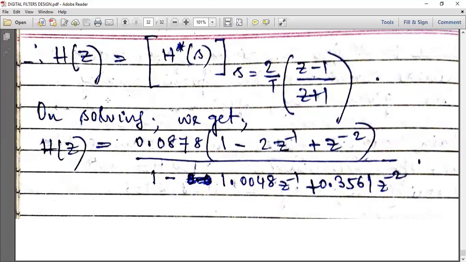Now, if you use windows, there are some disadvantages also. What are the disadvantages? You see, a closed form expression for the Fourier series coefficients, h(n), may not always be obtained. Window design offers limited flexibility in design.